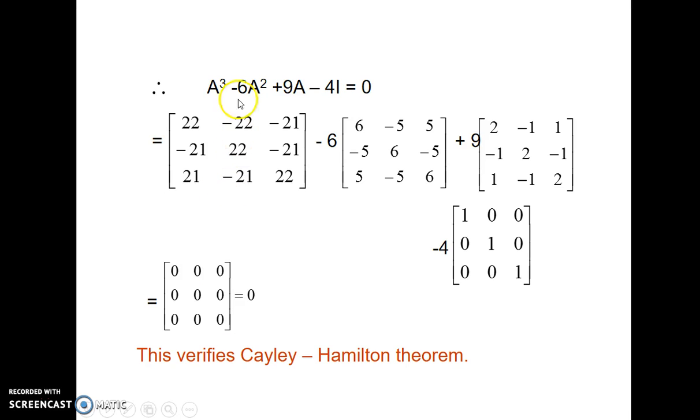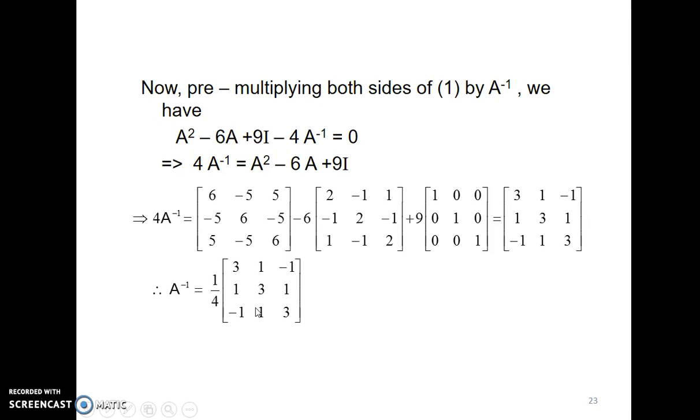Then we just substitute these values in this equation, and you get a null matrix of the same order. That means the Cayley-Hamilton theorem is verified. Now, when we pre-multiply the characteristic equation by A inverse, we get an equation where we can find A inverse by taking all these expressions to the right-hand side. So you get A inverse. Correct? So this is a use of the Cayley-Hamilton theorem.